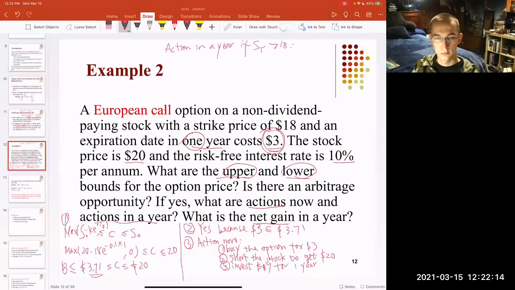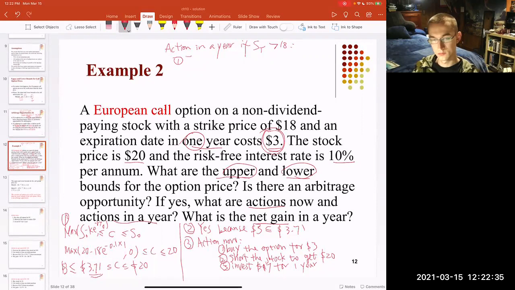If the stock price is higher than the strike price, then what are you gonna do? First, you're gonna exercise, because you buy the option, which means later on you're gonna buy, right? At the expiration date, the stock price is higher than the strike price, so you should buy lower, right?